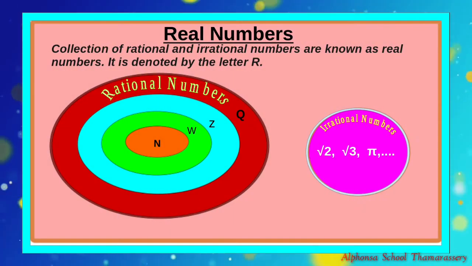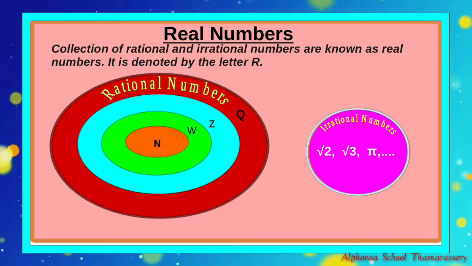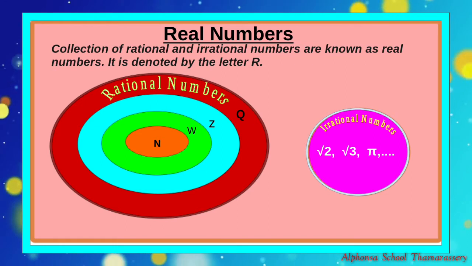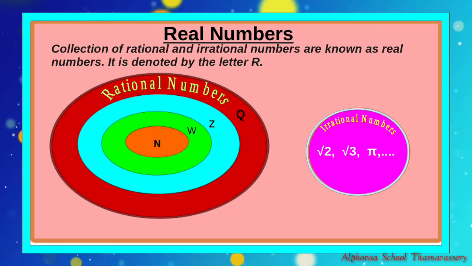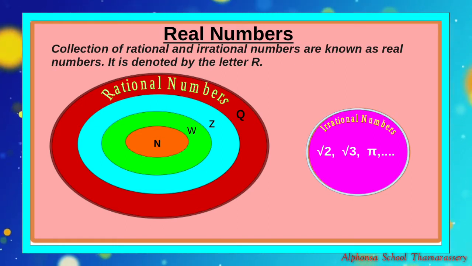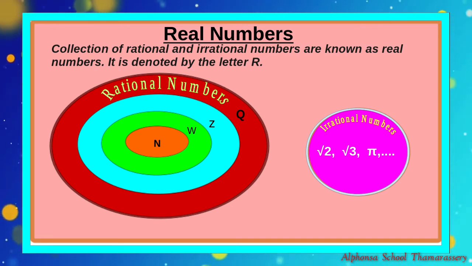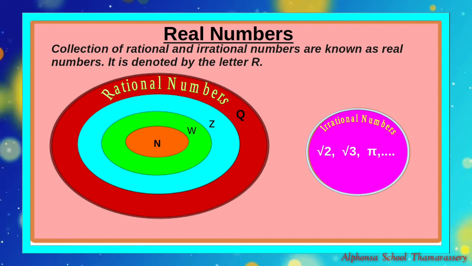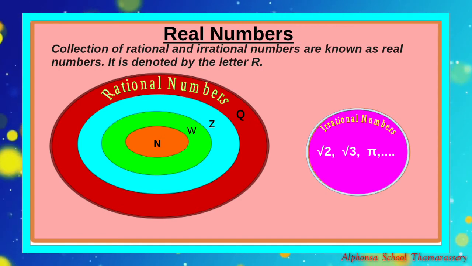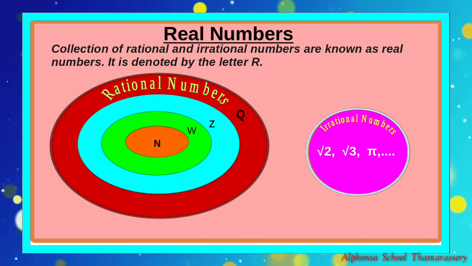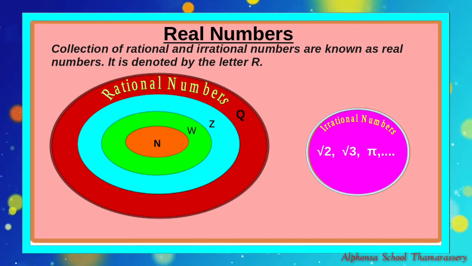The collection of all rational numbers and irrational numbers together make up the collection of real numbers. So the collection of irrational numbers and rational numbers are known as real numbers, which is denoted by the letter R. Therefore, a real number is either rational or irrational.